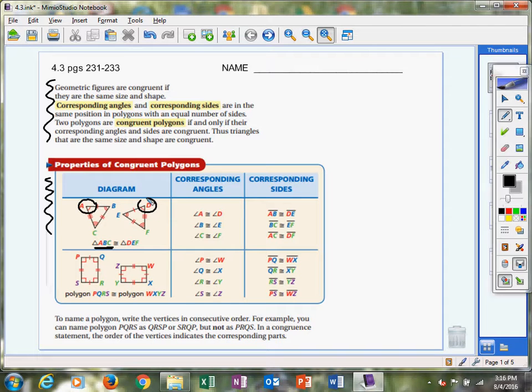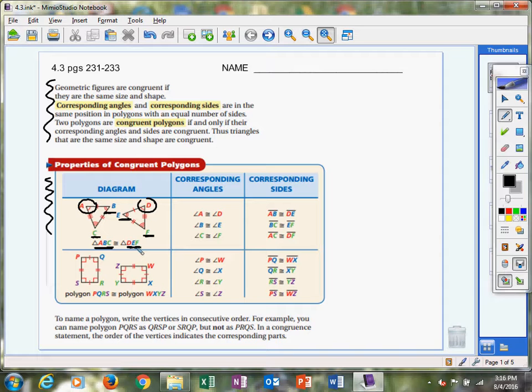So I have to start my second triangle with the D. So if I start my first triangle with the A, the second triangle has to start with D. Now if I follow A with B, then I have to find in the second triangle the angle that has the same measure, the 2 arcs, and that's angle E. So that comes second. And then C has 3, did you notice that? 3 arcs, and F has 3 arcs, and so that's why F comes last.